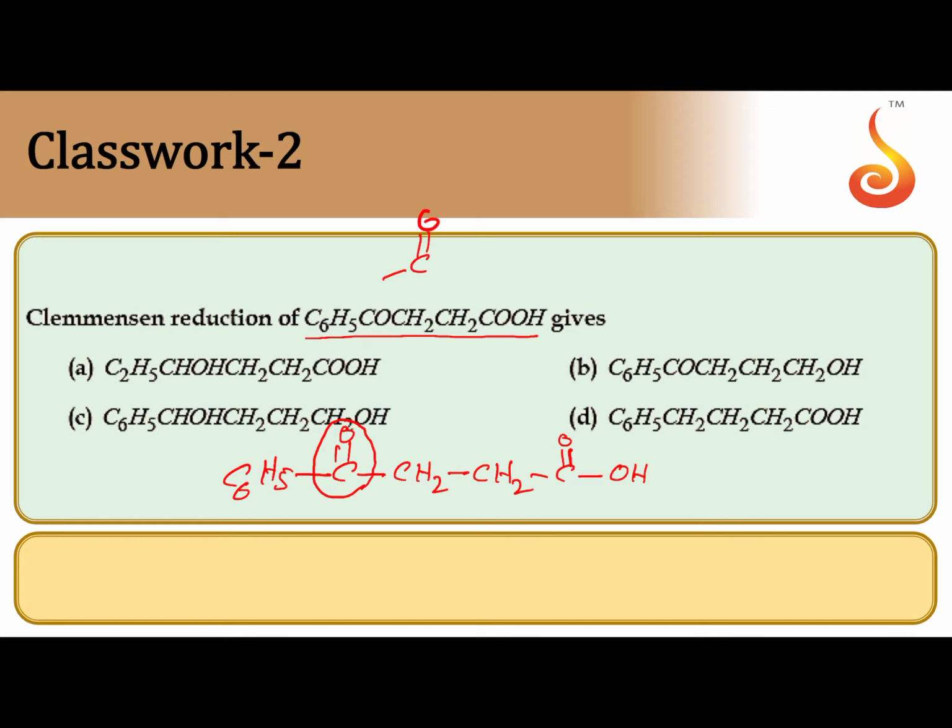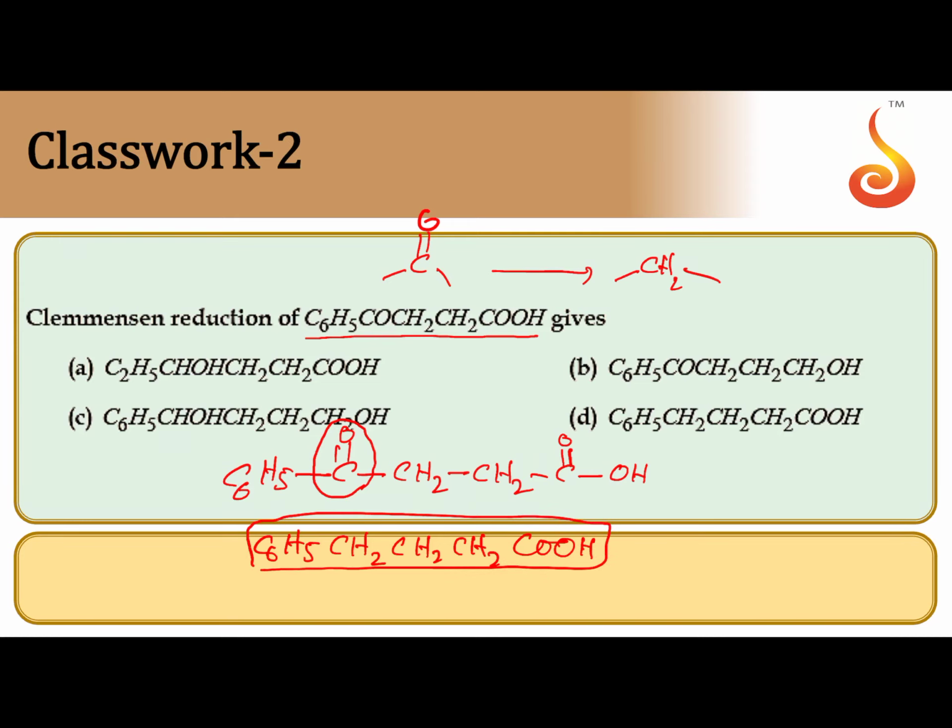Reduction of CO to CH2 happens by Clemmensen's reduction. That's why in place of CO we have to write CH2: C6H5 CH2 CH2 CH2 COOH. The COOH remains constant and will not be affected in the Clemmensen's reduction. So the correct answer is D.